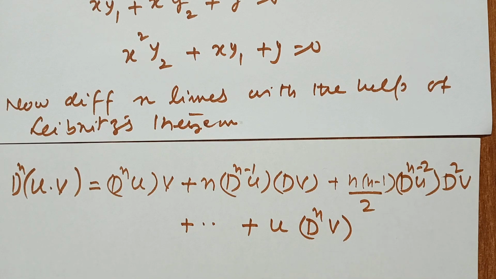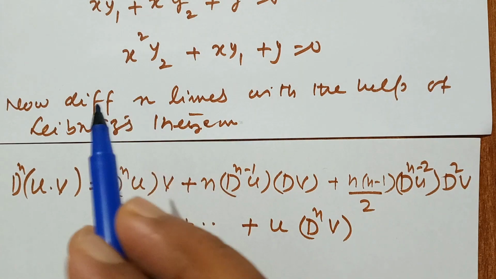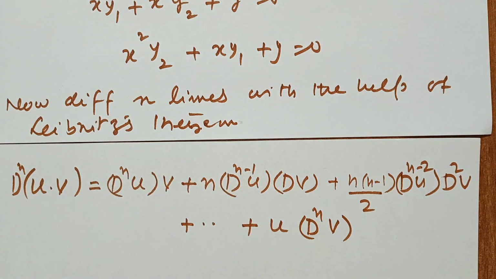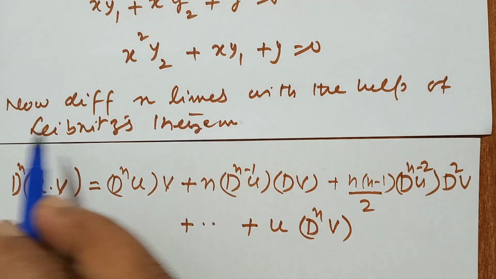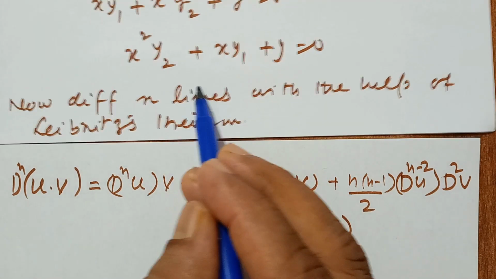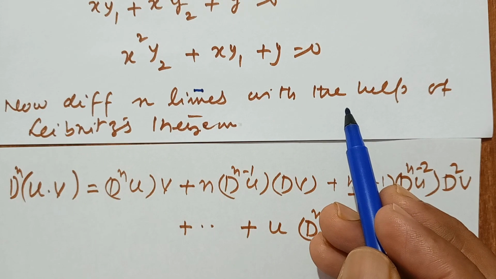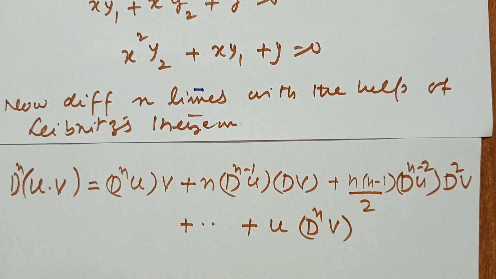Okay, so this is very easy by taking x^n, or x square, x cube, as the second function. Now differentiating n times with the help of Leibniz theorem, we get, this is the Leibniz theorem.